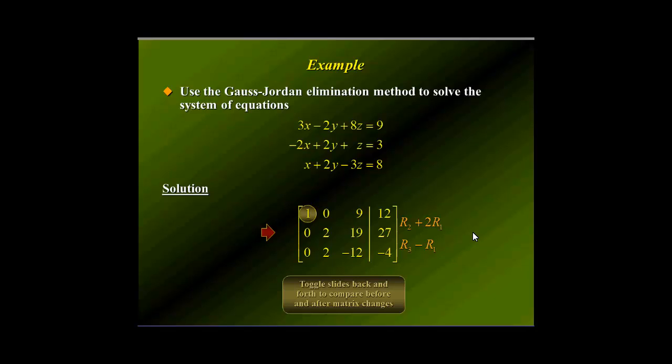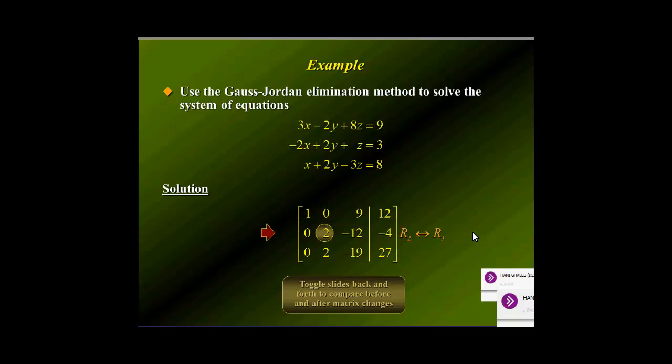Now our next aim is, I want to replace 2 by 1. So what operation do I have to apply? I want 1 in the row 2 place. So let us do it.